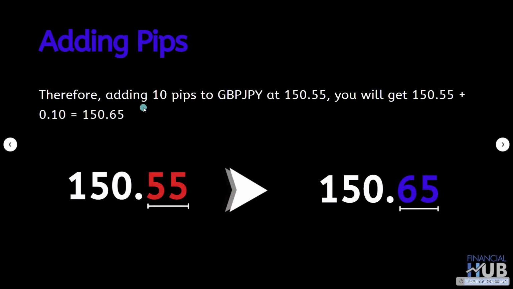Therefore, adding 10 pips to GBP JPY at 150.55, you will get 150.55 plus 0.10, which is 10 pips in this case, which will give you an addition of 150.65. So you added 10 pips to this number, you got that, and I'm sure you understand what I'm saying.